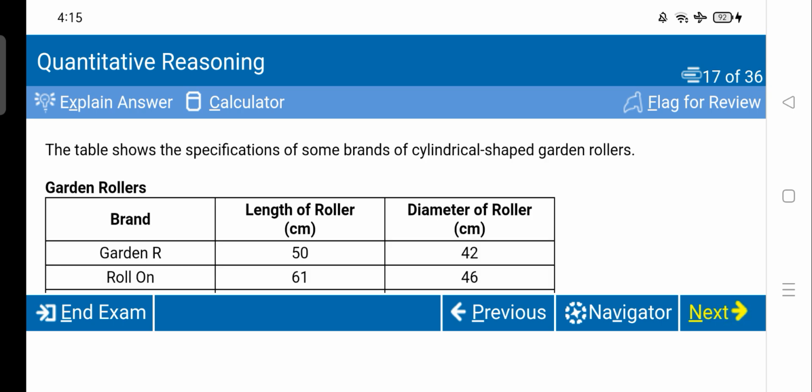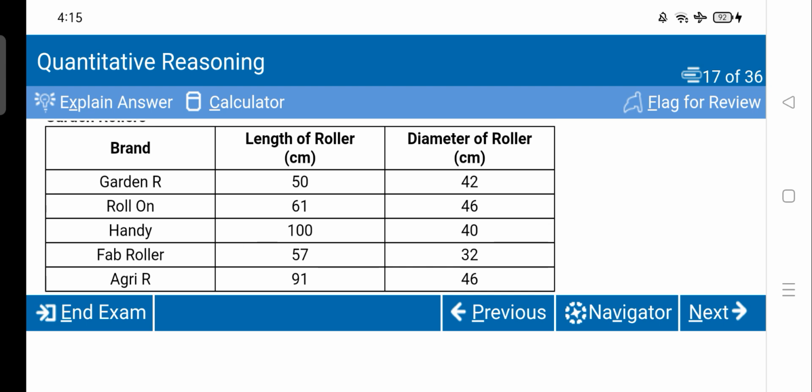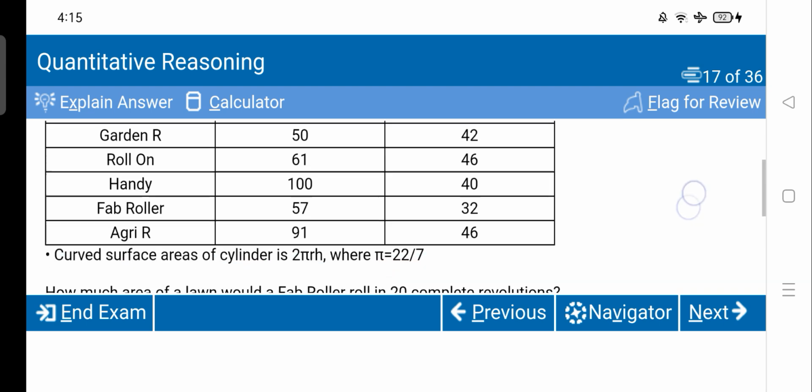Next we have question number 17. It says the table shows the specifications of some brands of cylindrical shaped garden rollers. So here we have some garden rollers, brand names, length of rollers, and diameter of rollers.